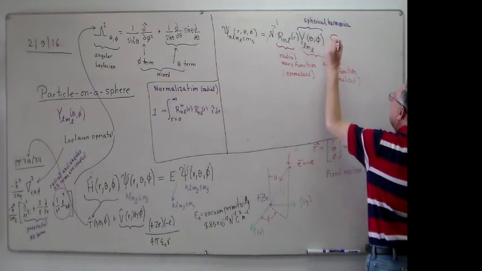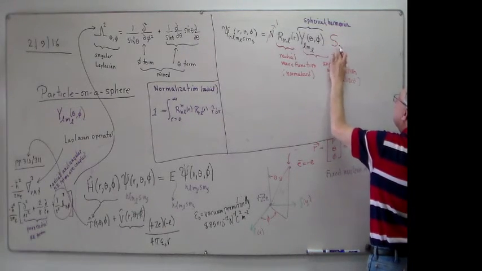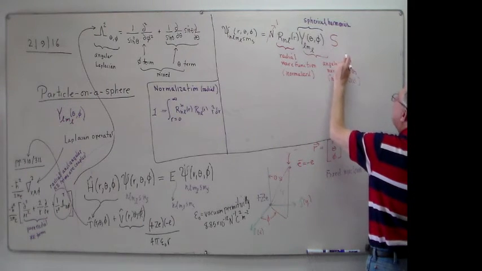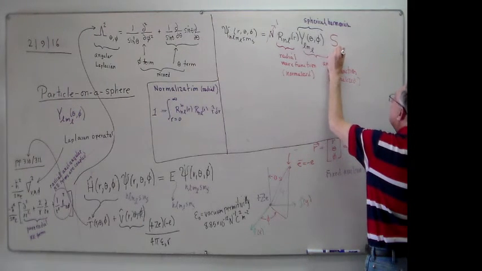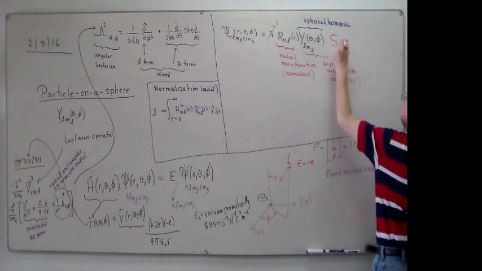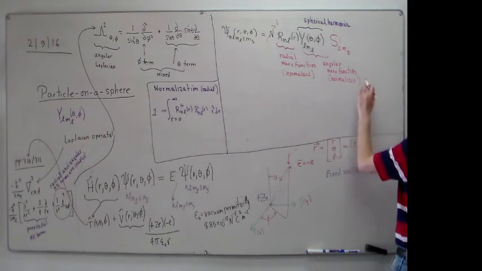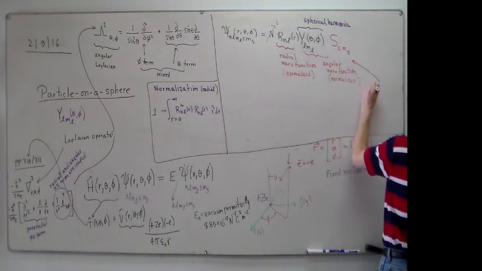We should just do S, M sub S. That's the best way to do it. And we won't go into any more detail than that.